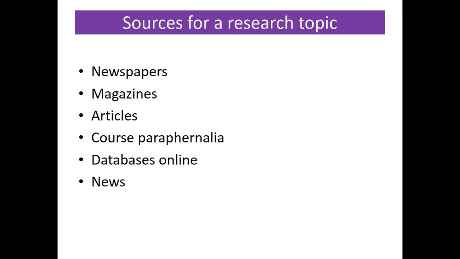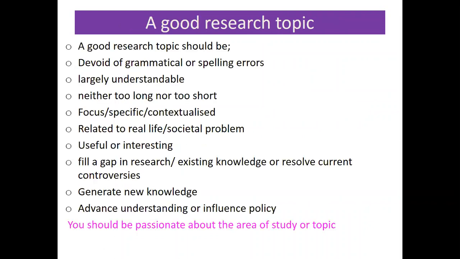Yeah, so you're studying a course and what you are reading and learning drives you into some very specific area that you are very much interested in. That's fantastic to run with. Databases online. These days we have books online, we have a lot of data that is flowing around online. Take them and possibly let them inform you as to what to do. News, this is all over.